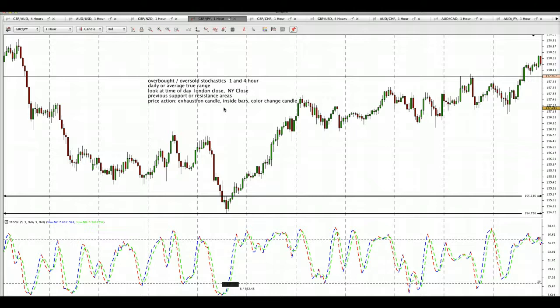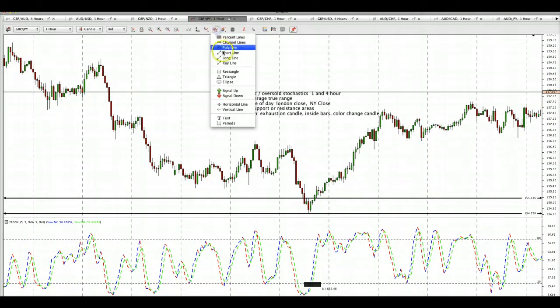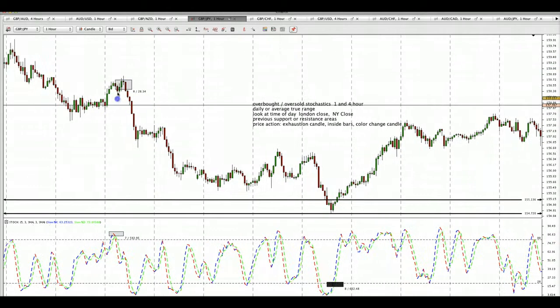So when you see stochastics indicator overbought and oversold, and you, for example, let's say here we have an evening star right here, and price stochastics indicator is overbought. So that's 2 reasons why we should be taking a trade here.